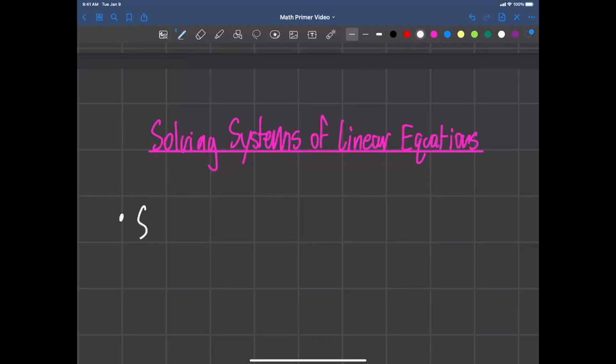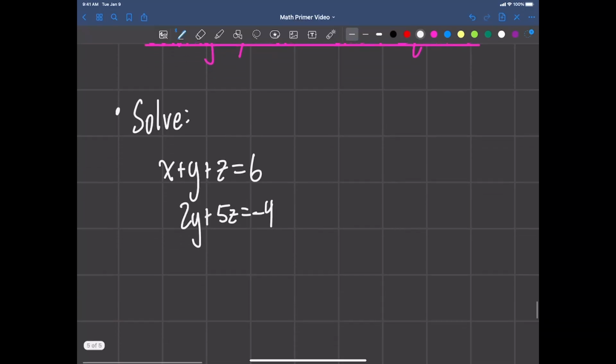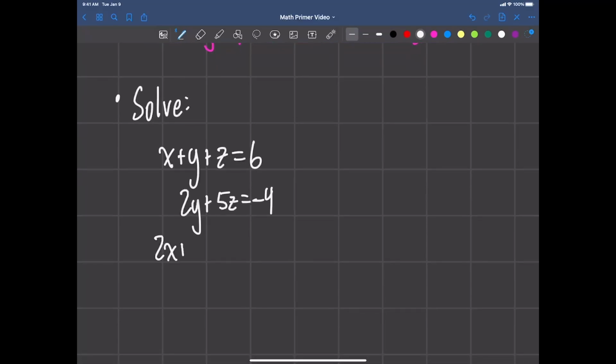So let's solve. x plus y plus z is equal to 6. 2y plus 5z is equal to negative 4. And 2x plus 5y minus z is equal to 27.